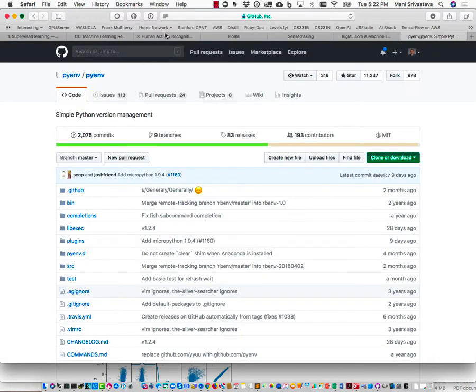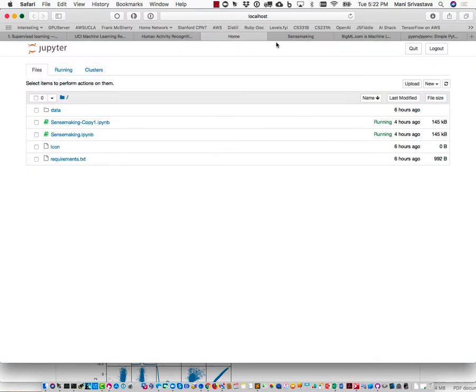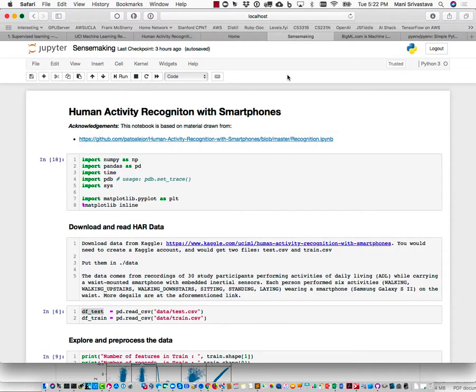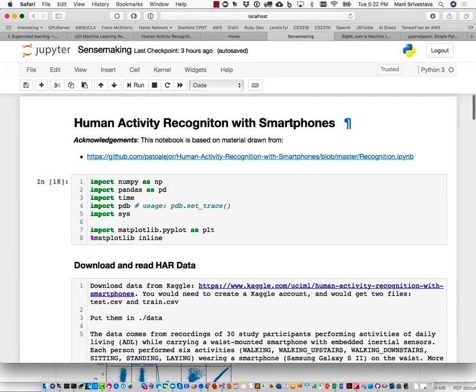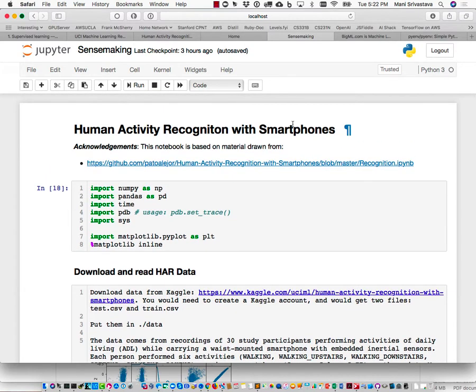So now let's walk through a particular example here.